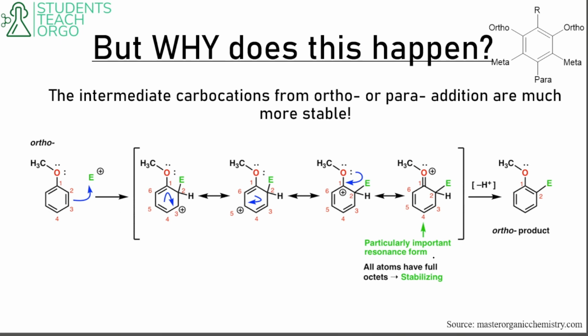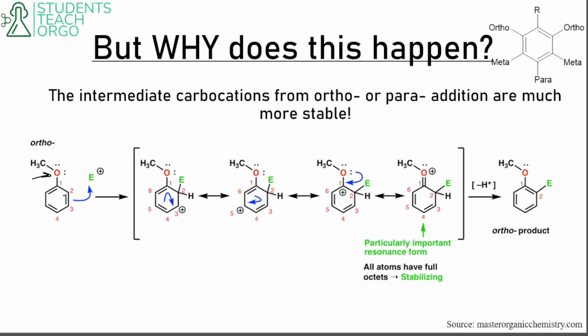Now we want to go into why this happens. The intermediate carbocations are stabilized in the ortho and para positions when you have an electron donating group. Here's the electron donating group right here, your methoxy group.